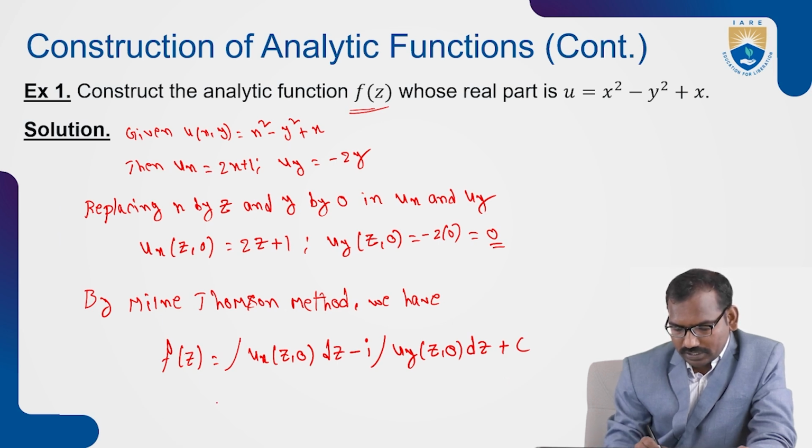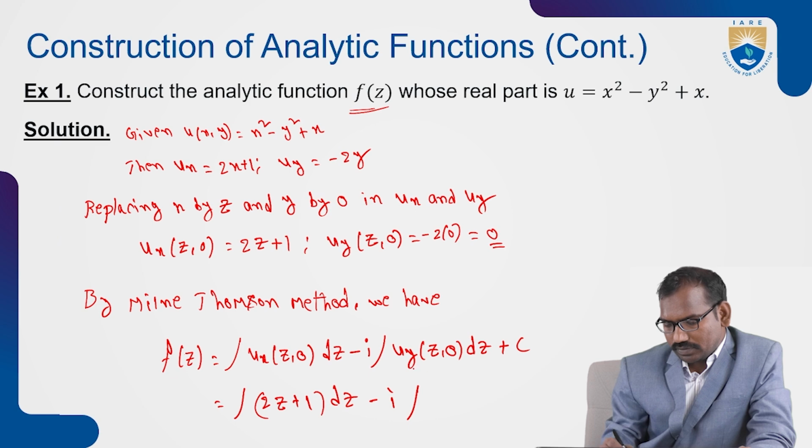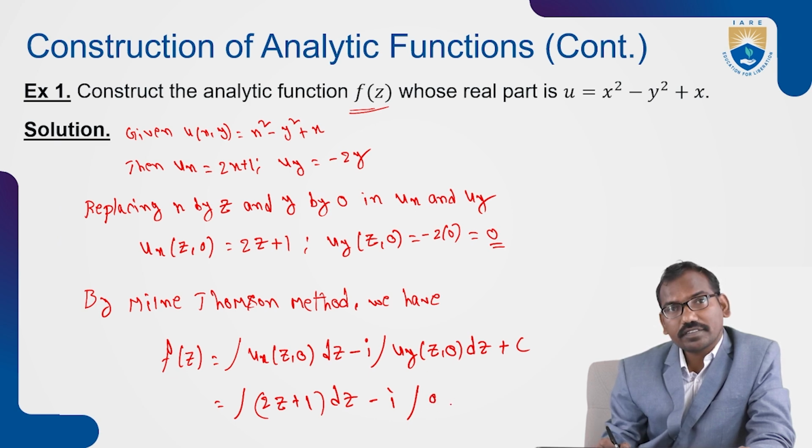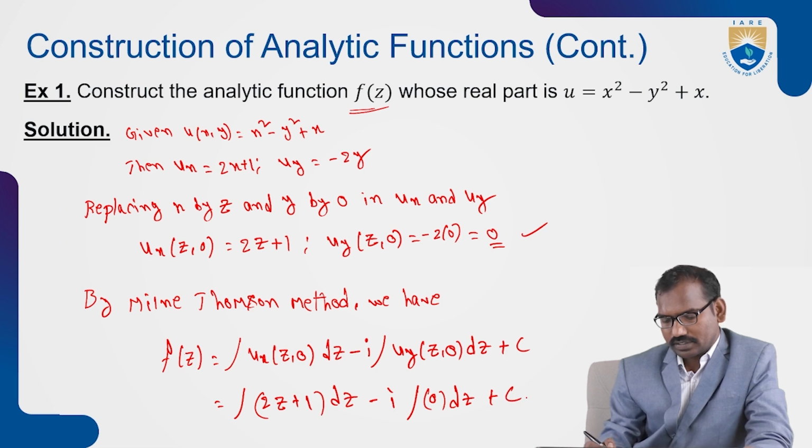So just replace the terms. u sub x of z comma 0 is nothing but 2z plus 1 dz minus i times the integration of u sub y of z comma 0, which is nothing but 0, already calculated, 0 times dz plus c.